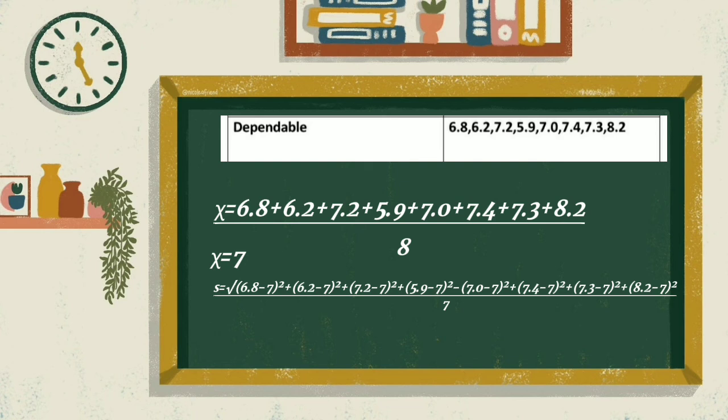So, using your calculator, the result is 3.62 over 7. And then, get the square root, and the result is 0.72 hours. Okay? So, sa pangalawang company natin is 0.72 hours.